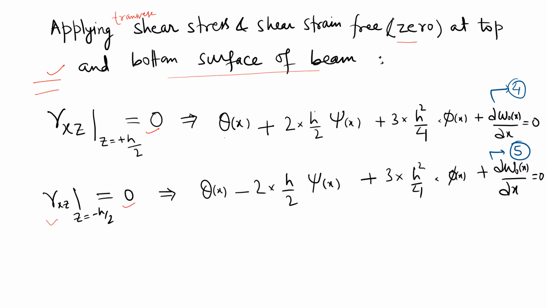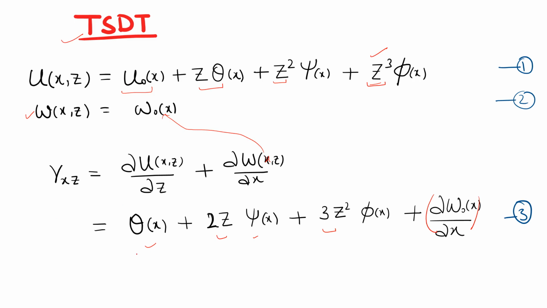What we have done is just replace z with plus h by 2 at the top, and z square with h square by 4. Then at the other position we have theta of x with z equal to minus h by 2. We know the shear strain has the terms 2z and z square.